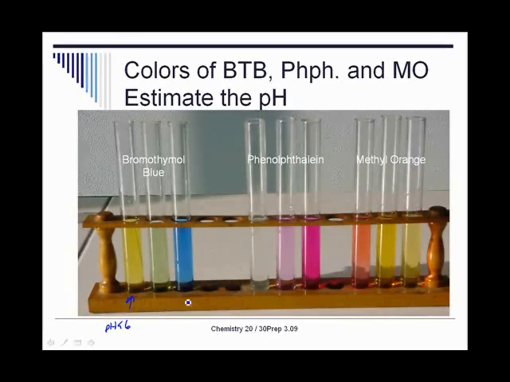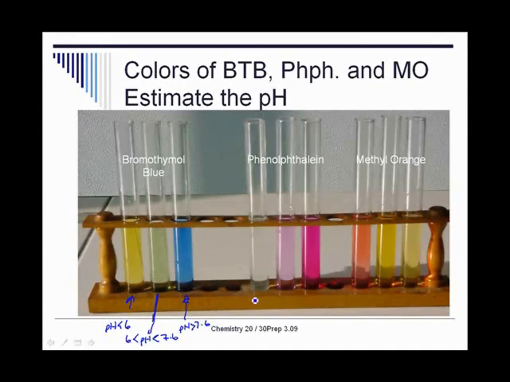It changes from yellow to blue, so we know that the pH of the last solution is greater than 7.6. The middle solution is green, so bromothymol blue changes colors between 6 and 7.6. So for the middle solution, we know the pH has got to be greater than 6, but less than 7.6.